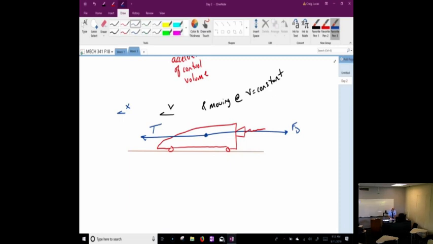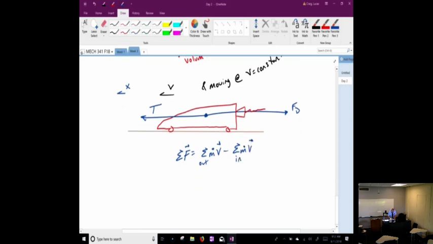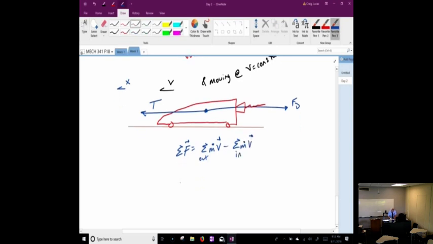So if we do what we just did with that equation here, then we have drag force, which is the only really external force, times m dot out times negative v out.